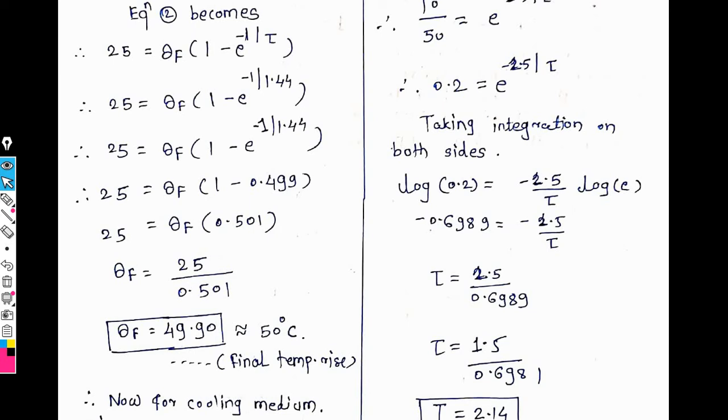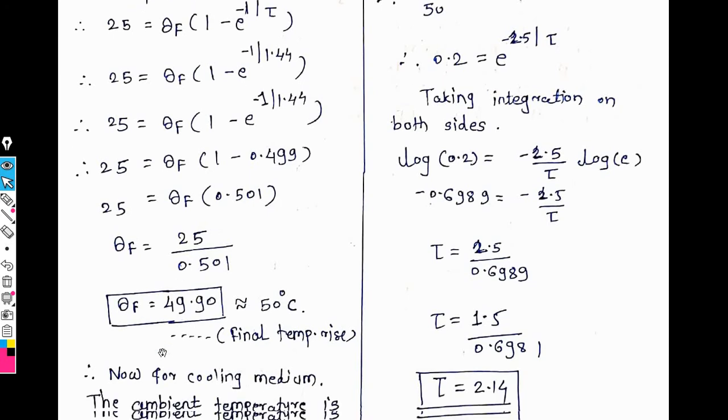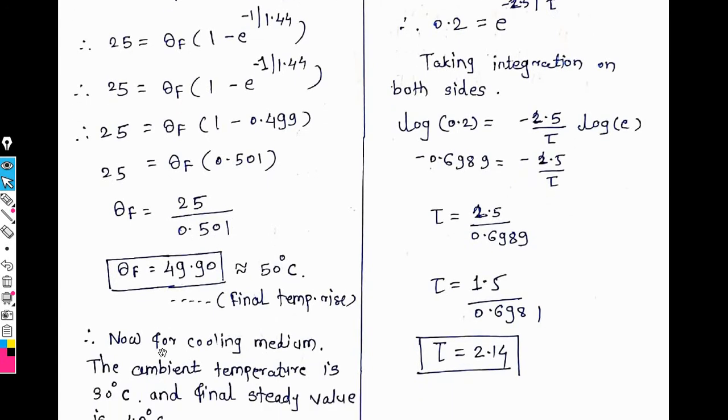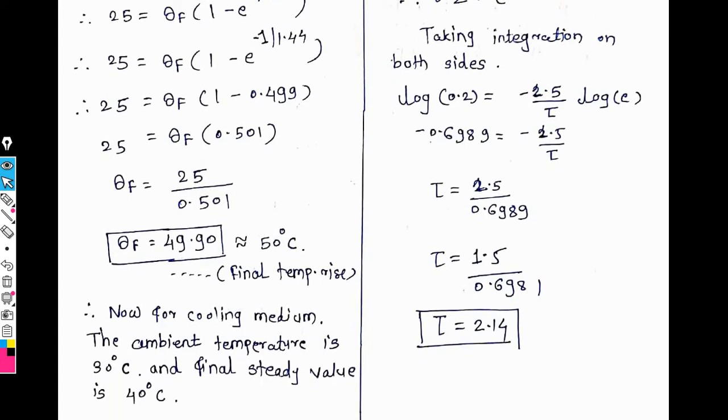Okay, then go to the cooling curve, that is the cooling medium, in which we have to find out the cooling time constant. Then the ambient temperature is 30 degrees Celsius and the final steady state value of the temperature is, we have to consider 40 degrees Celsius as per the given data of the problem.